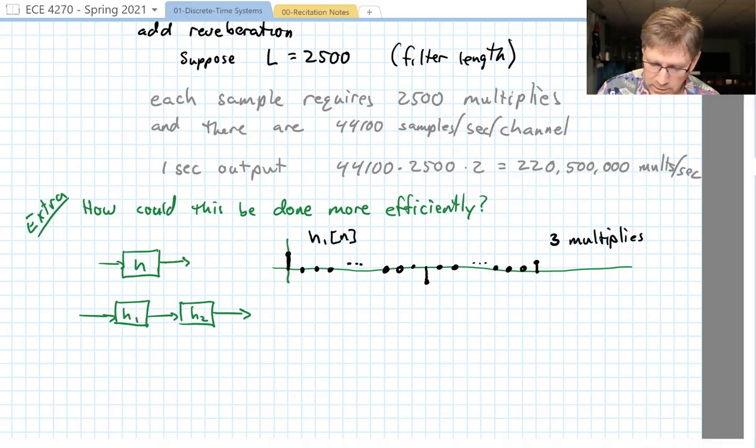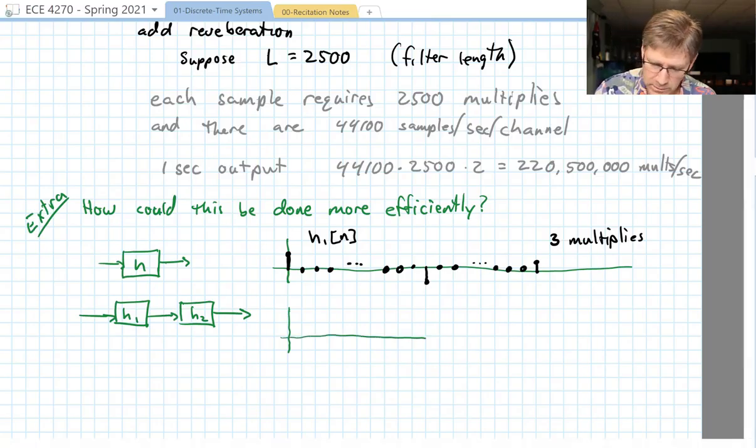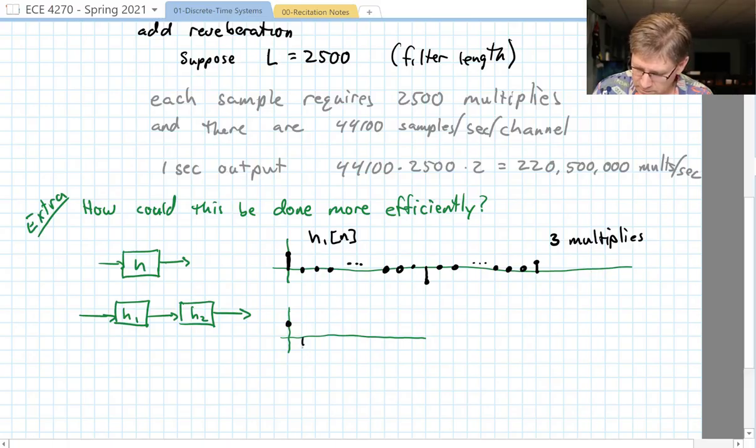Okay, now what does H2 look like? Well, H2 is going to be much shorter, and it's going to be decaying. So if you remember, you can do something like this with a simple IIR filter.